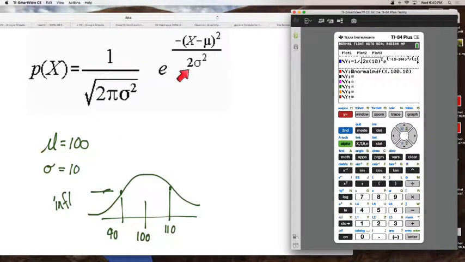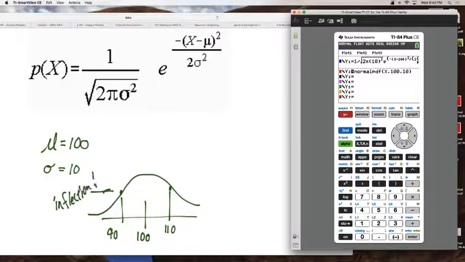It's one of the most elegant things about the normal distribution that the inflection points will always be one standard deviation above and below the mean. So if you use this function here, whatever your standard deviation was, that's going to give you the inflection point of the bell curve.